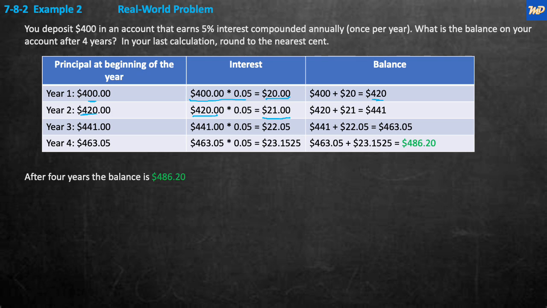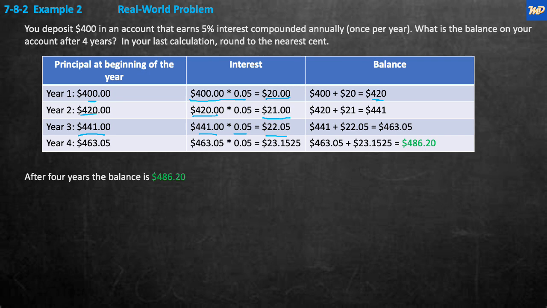So now you have 420 plus 21 is equal to $441 at the end of the second year. That 441 becomes the beginning principal for the next year. So we have 441 times 0.05, and now you get $22.05.